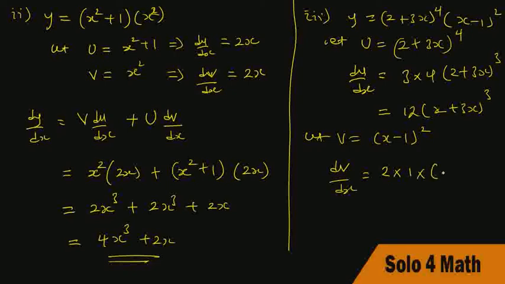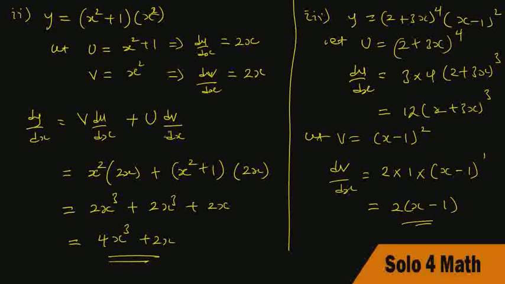Then into that very bracket, now reduce the power by 1. Like we are differentiating, assume the whole of this is x. So just reduce the power by 1, remaining with 1. So this gives you 2 into (x minus 1).